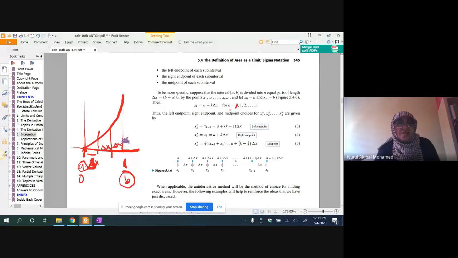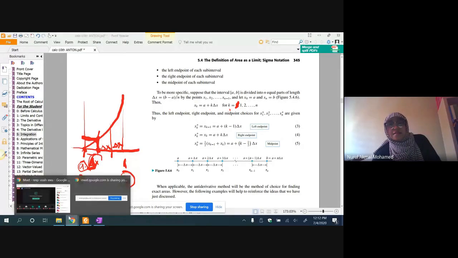For the right points, it will be a plus delta x, provided that the first one is k equal to 1, not k equal to 0. So this formula is not correct. It should start from 1. Is it clear? Anyone still not clear about that?